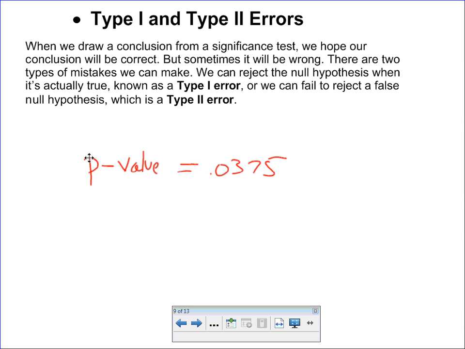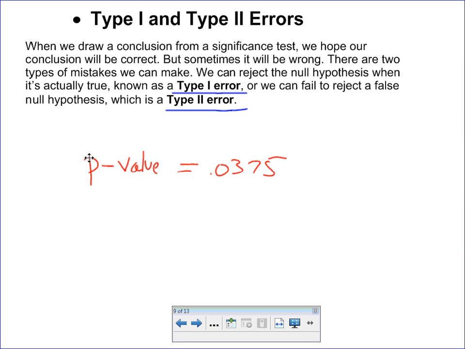And so we get into trouble because there's a chance that we could be wrong. There's a 3% chance that the null hypothesis was true and we were just very unlucky. And so there are errors that we can make. And as we talk about these two types of errors, the type 1 and the type 2 errors, it's important to make the distinction.